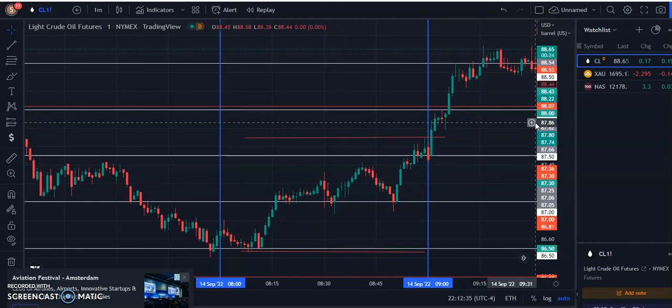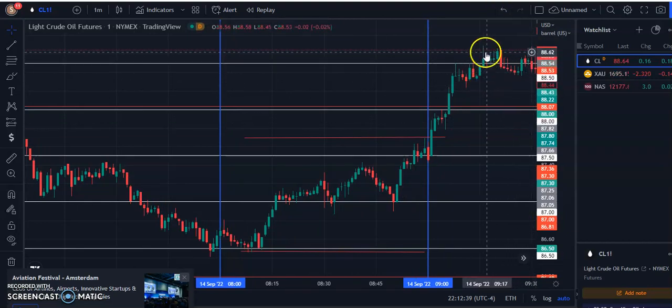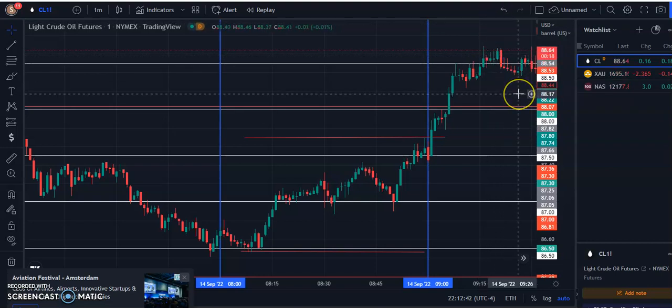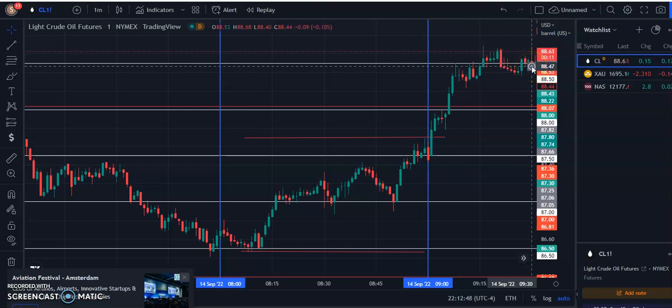Now, as you can see, the market came higher, broke structure, came back, and then engulfed at 9:30.